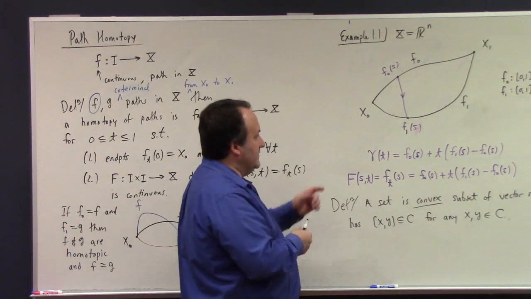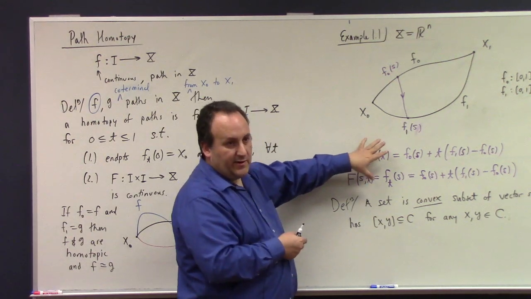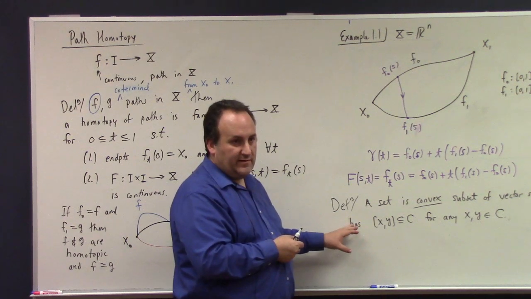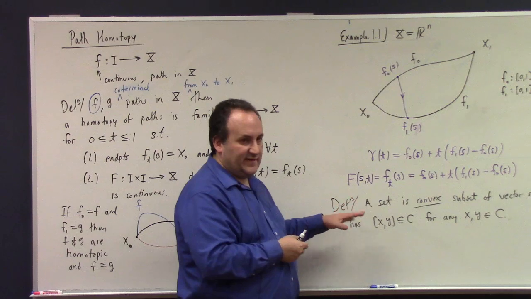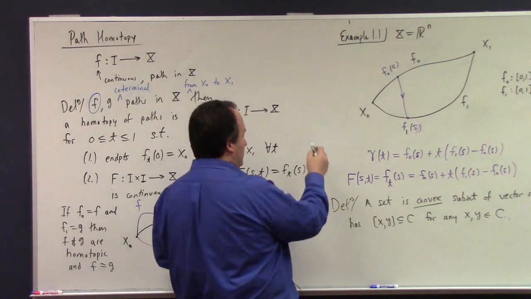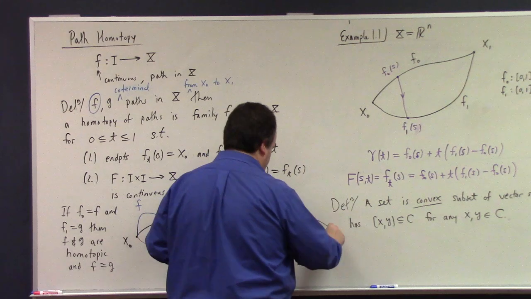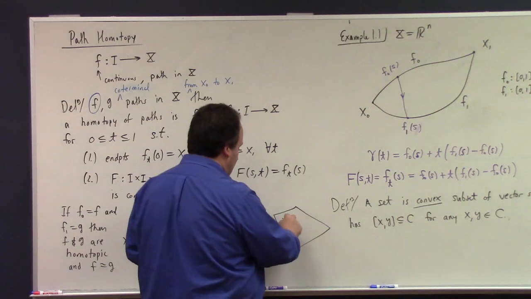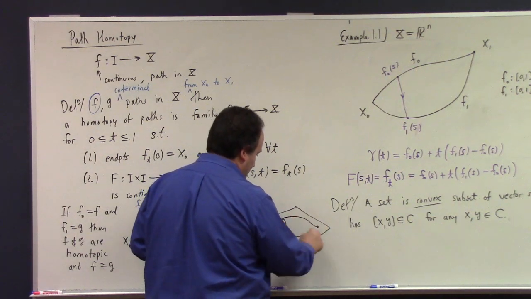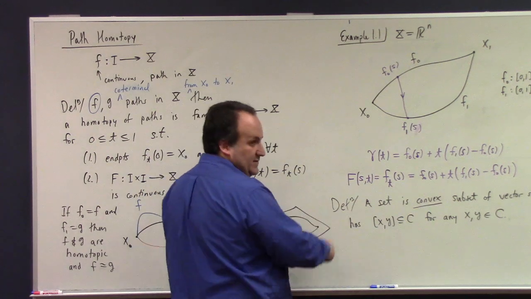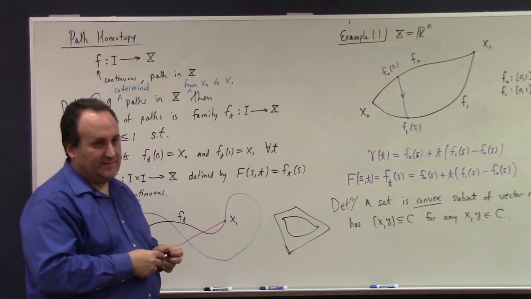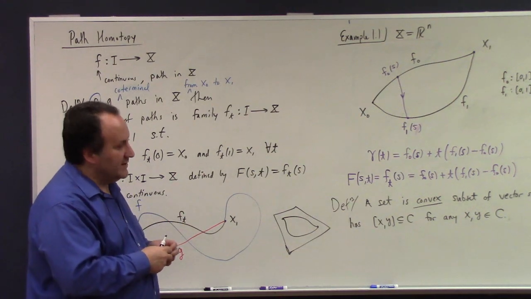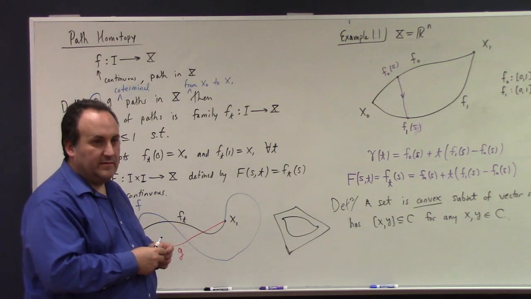And you see this construction that we just did would equally well work inside a convex set. If you have two paths inside the convex set, I can always do this exact same construction in that context, because the line segment connecting f naught of s to f1 of s necessarily is within the set.